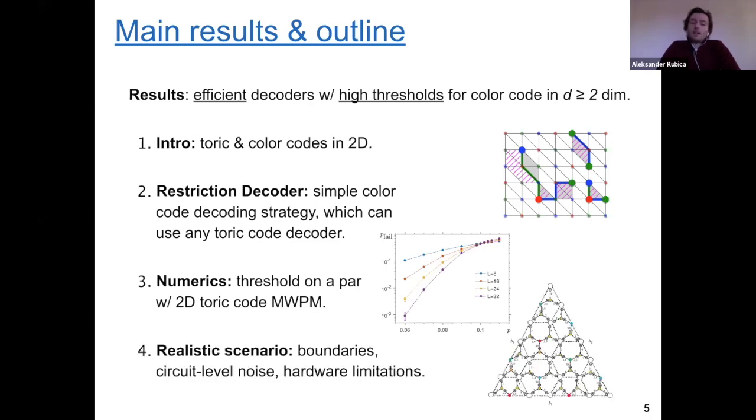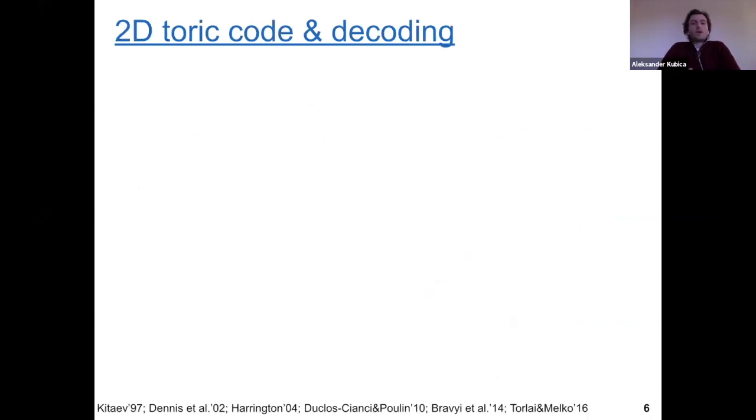And lastly, I'll make a brief comment about the realistic scenario in which we think of boundaries, the circuit level noise model, and some hardware limitations. So let's get started. In the talk, I will focus on a special class of codes, the CSS stabilizer codes.